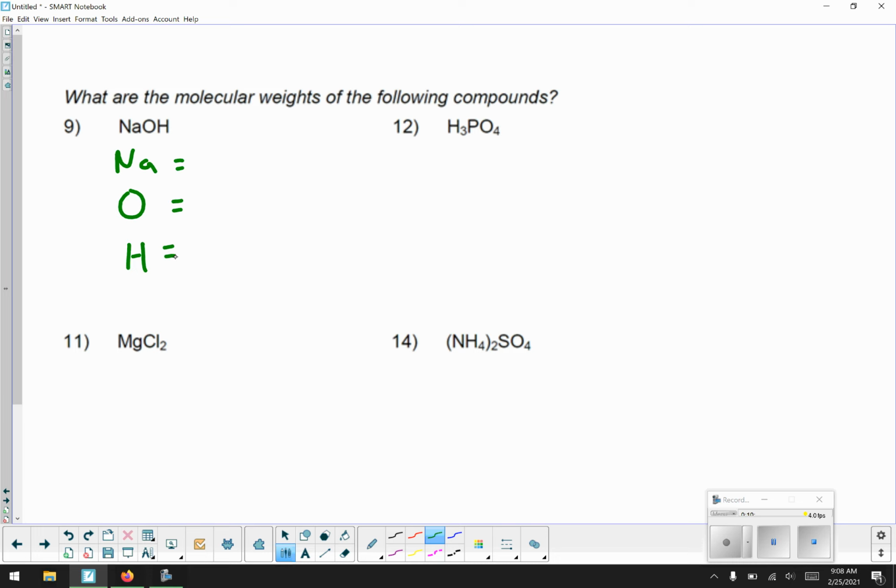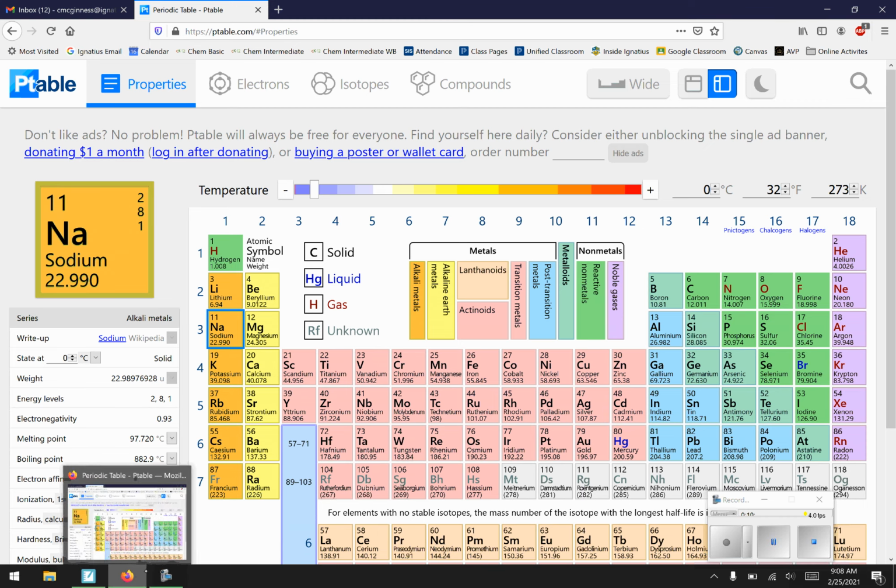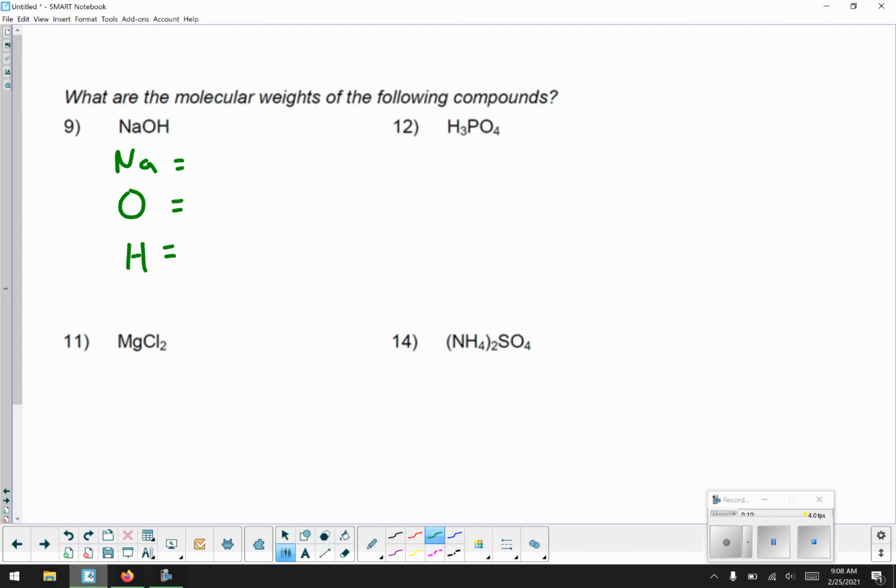So to figure out how much each of them weigh, you go to the periodic table. Sodium, 22.99. Technically, the unit here would be grams per mole. I'm not going to add the unit till the end just because of space considerations. Oxygen.